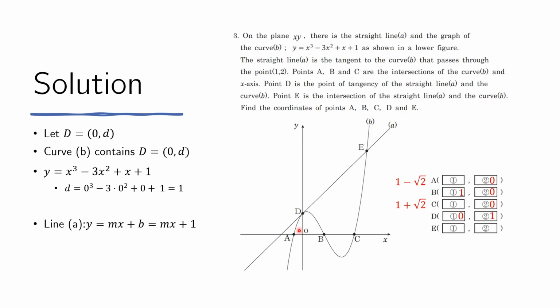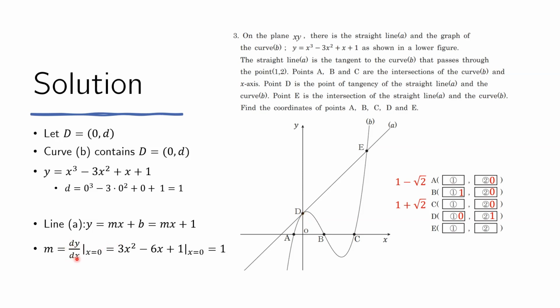So let's differentiate y and then replace the variables with the coordinates of d. So here we get m to be the derivative of the curve y with respect to x, evaluated at x equals 0, because d here has x equals 0. So we replace the x's with 0.